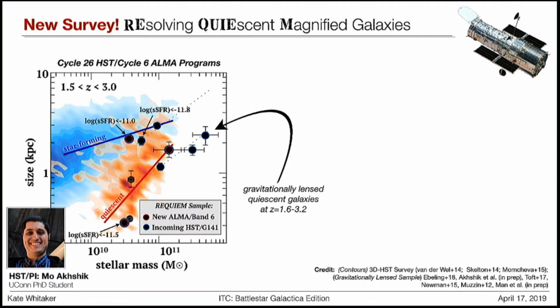These are all strongly gravitationally lensed quiescent galaxies, ranging from a redshift of 1.5 to 3, roughly speaking. So this will be incoming. Mo is going to be leading the HST survey, where we're going to get some of the deepest grism spectroscopy that will exist in the archive of all of our targets. And then we also have an ALMA program that I'll talk about shortly, both in terms of understanding the gas properties of these galaxies.